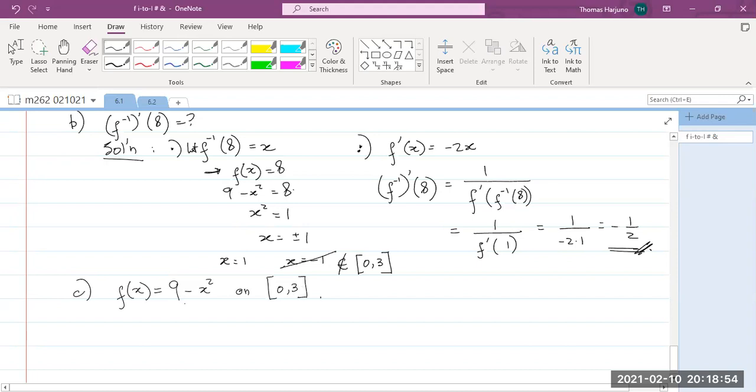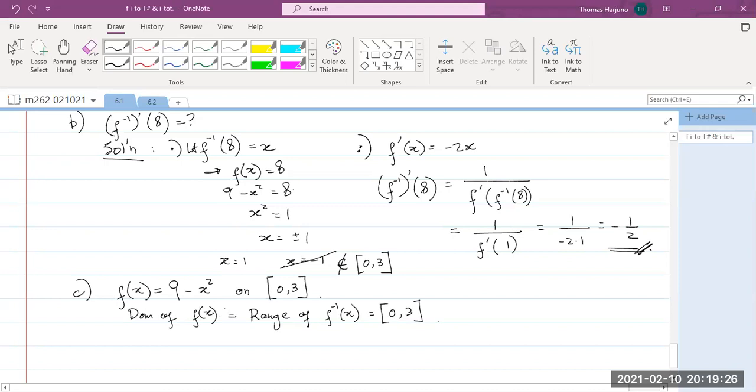Because the domain is 0 to 3, the range of the inverse function must be the same as the domain of the function, right? Has to be. The domain of the function equals the range of the inverse function.